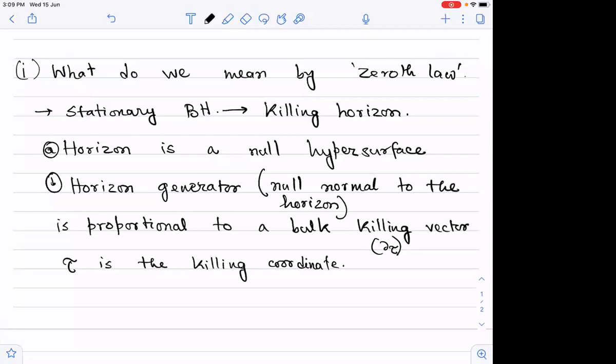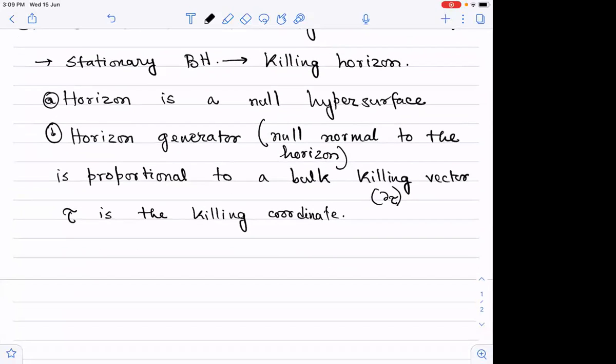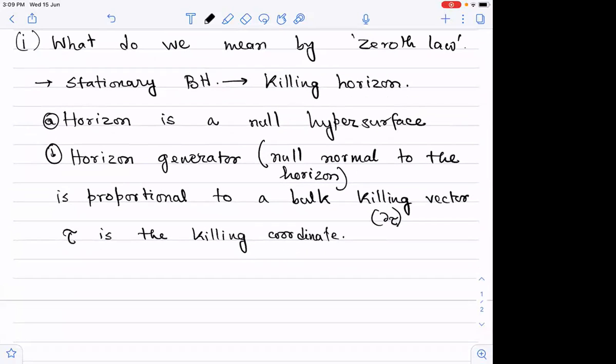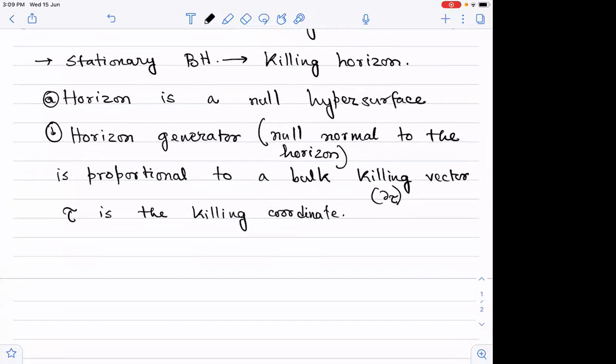This will be our system. Now, in this kind of black hole, a stationary black hole, the metric could always be written in this form.